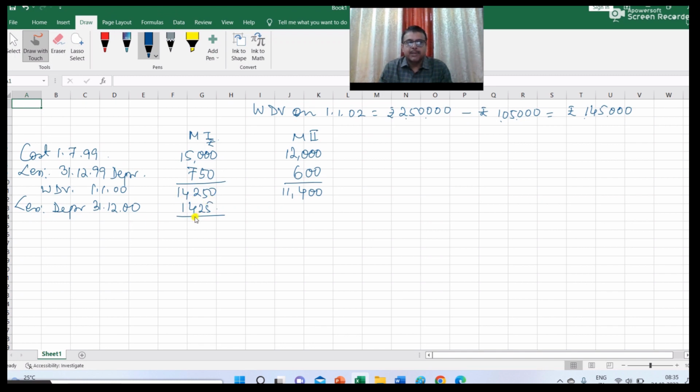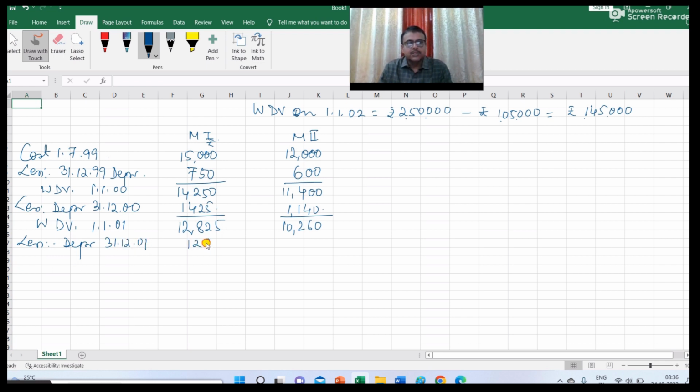Therefore, the amount of depreciation on M1 is 1,425 and depreciation on M2 is 1,140, that is 10% of 11,400. So the written down value of these two machines on 1st January 2001 is 12,825 and 10,260. Again, we have to charge depreciation on 31st December 2001.